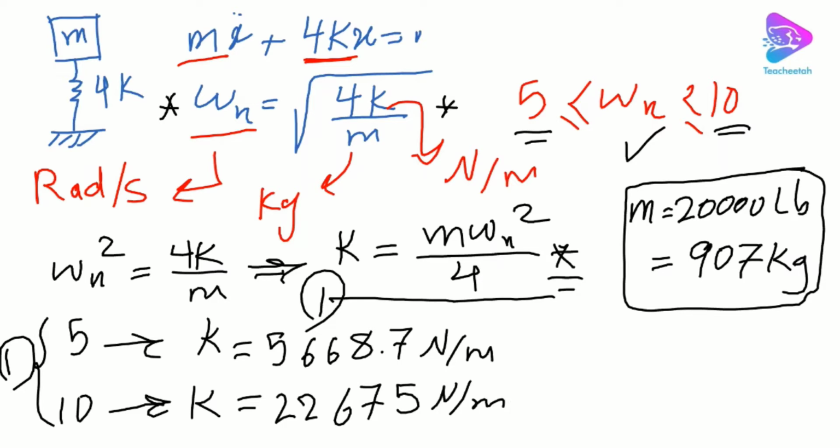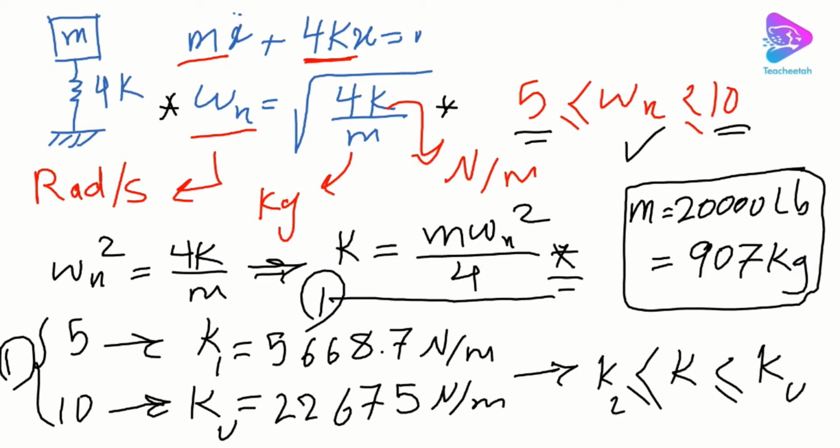So we will be able to find the lower bound and upper bound of K. So K must be between K lower bound and K upper bound. So we will be able to design the stiffness of the air springs for the air conditioning unit so that we ensure that the natural frequency remains in this range, right?